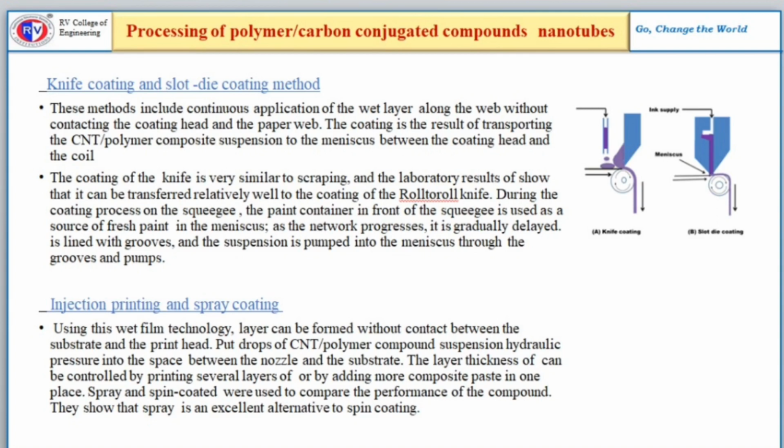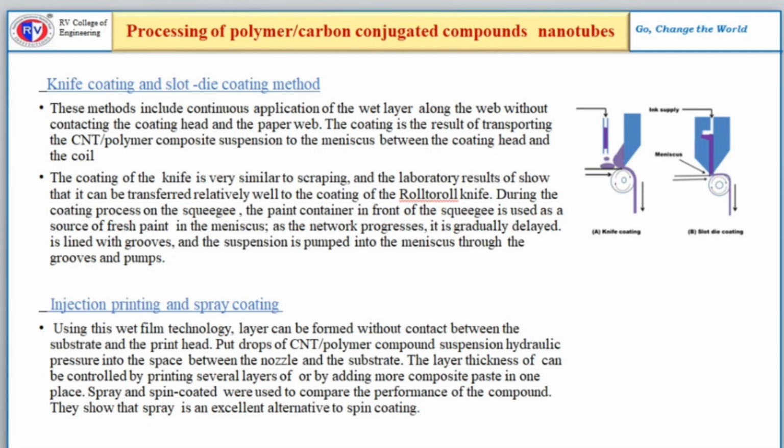Knife coating is very similar to scraping, and laboratory results show that it can be transferred relatively well to roll-to-roll knife coating. During the coating process on the squeeze gauge, the paint container in front of the squeeze gauge is used as a source of fresh paint in the meniscus. So this is the process of knife coating, and let us look into the next process, injection printing and spray coating.